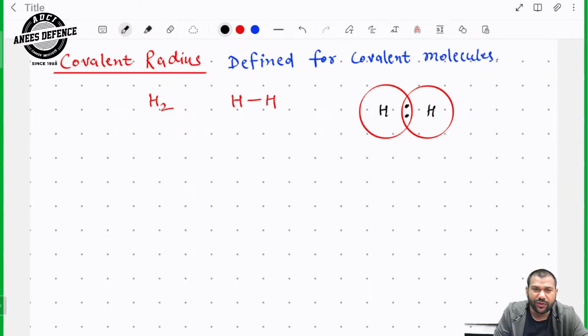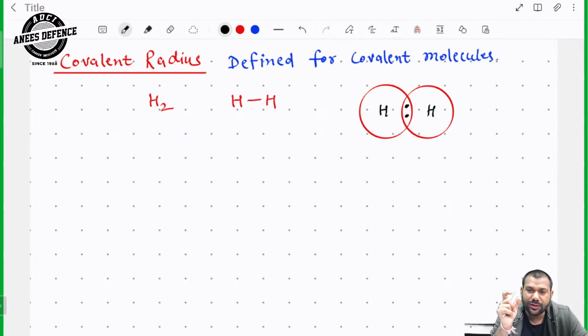And now I want to define the covalent radius of hydrogen in this case. If a hydrogen atom exists alone, with no bonding, then we can discuss the atomic radius of hydrogen.